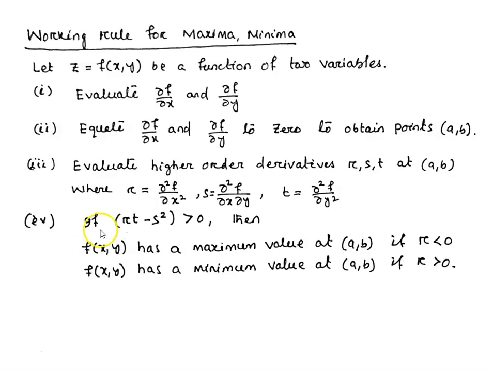The next step is, if rt minus s square is positive, then the function f(x, y) has a maximum value at (a, b) if r is negative, and a minimum value at the point (a, b) if r is positive.